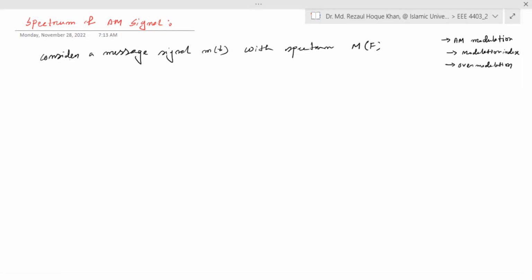We know all this terminology from our previous lectures, Fourier transform. If this is the case, we can draw a typical spectrum like this. This is M(f), our message spectrum.